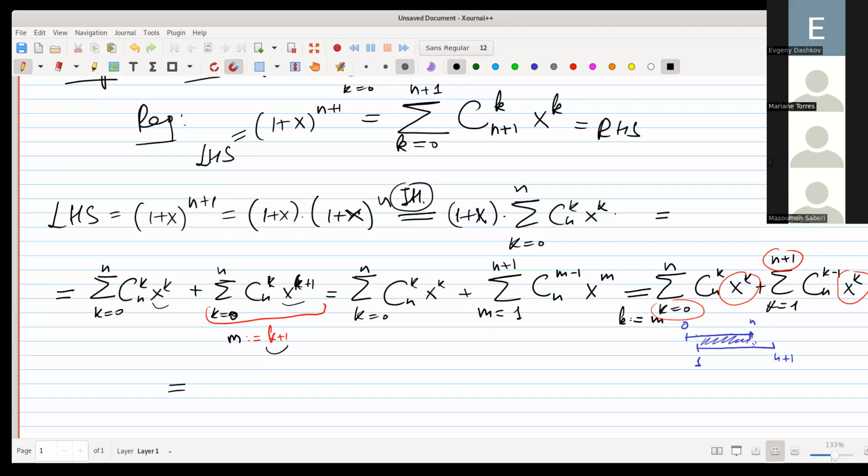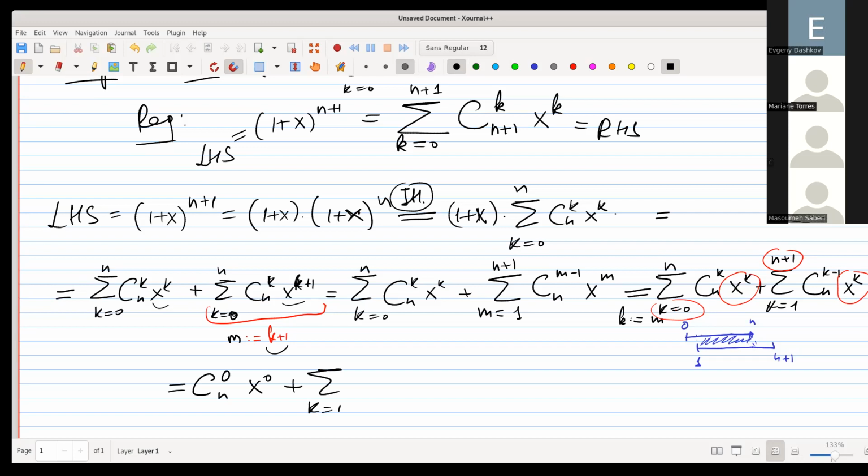So, besides that, we have two side terms. When k equals 0 in the left hand side term, we have n choose 0 multiplied by x to the power 0 plus this sum.